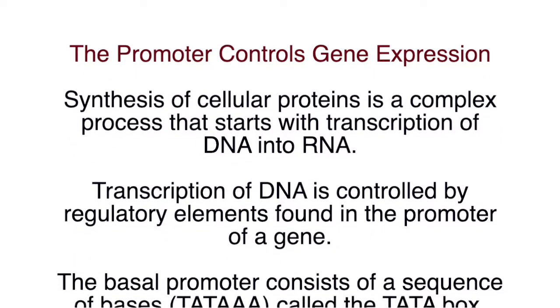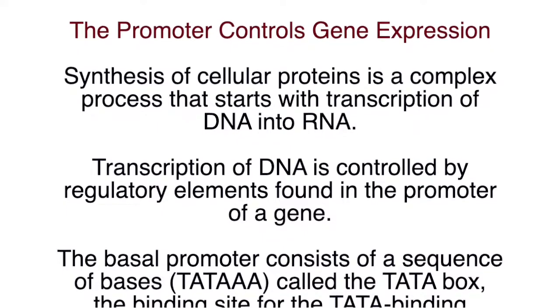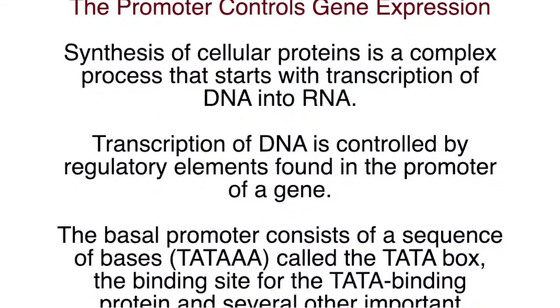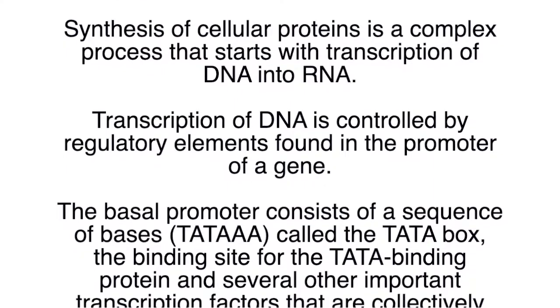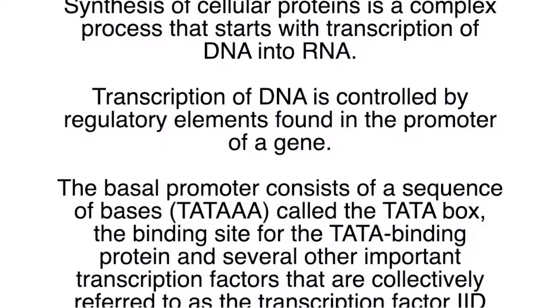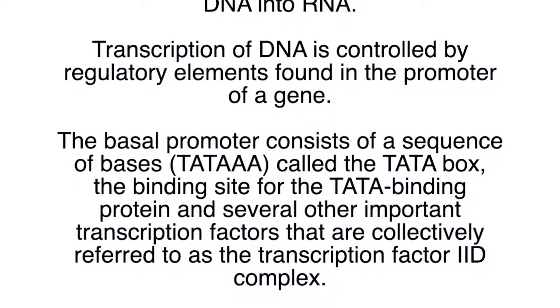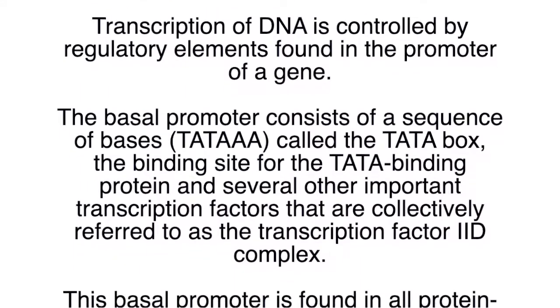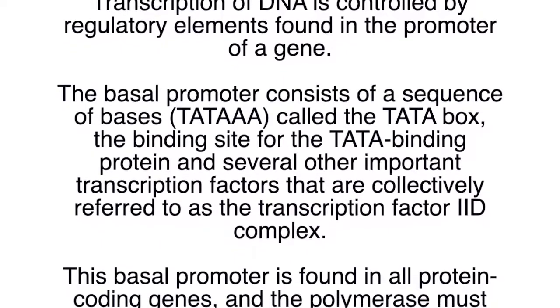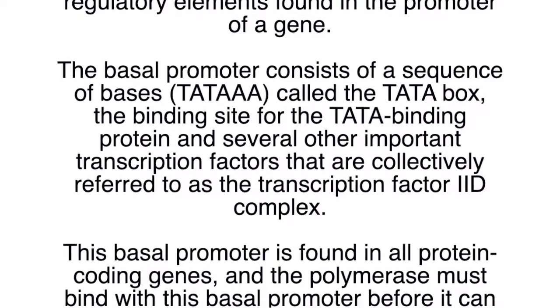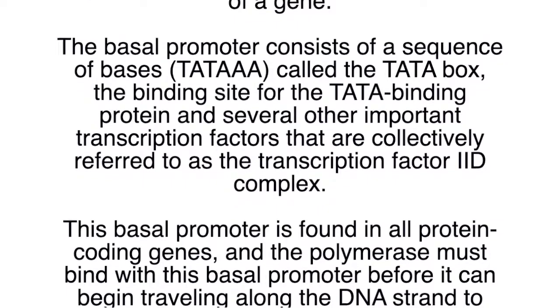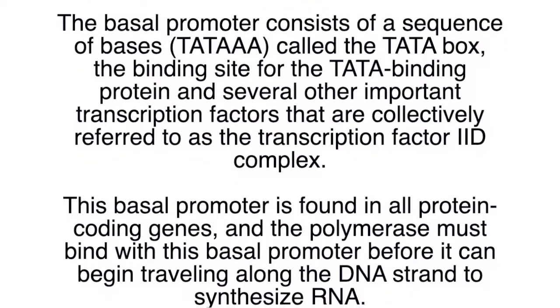The basal promoter consists of a sequence of bases known as TATAAA, called the TATA box, the binding site for the TATA binding protein, and several other important transcription factors that are collectively referred to as the transcription factor IID complex.